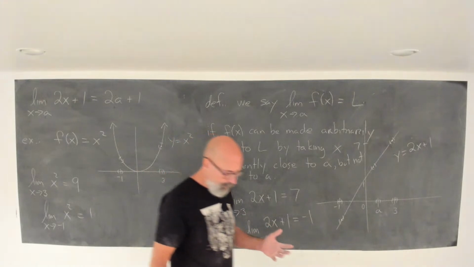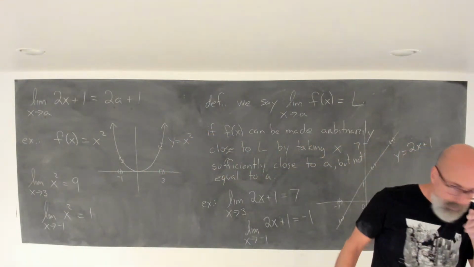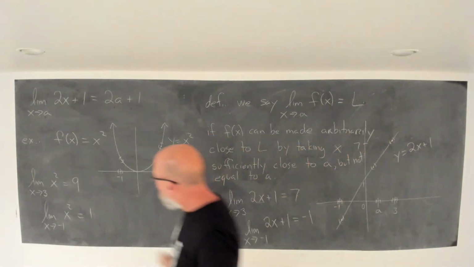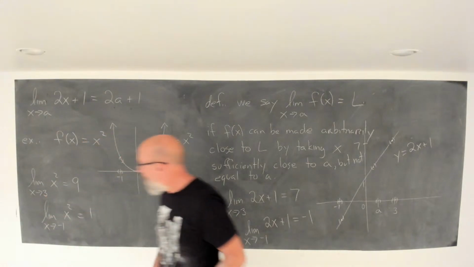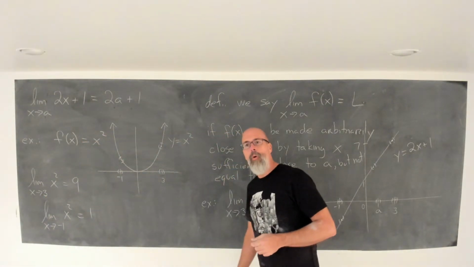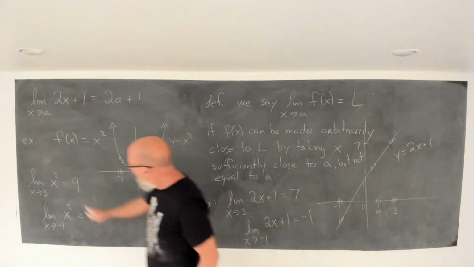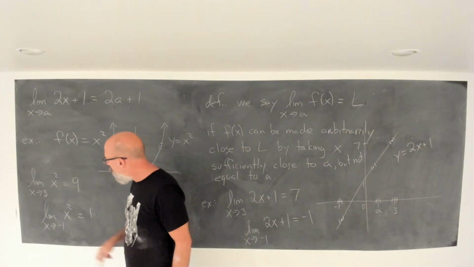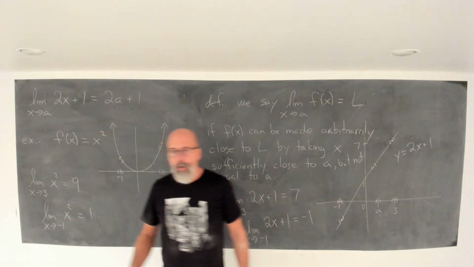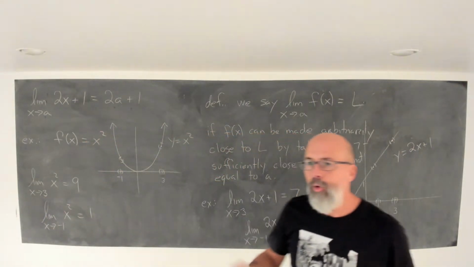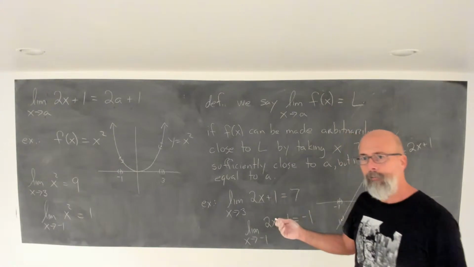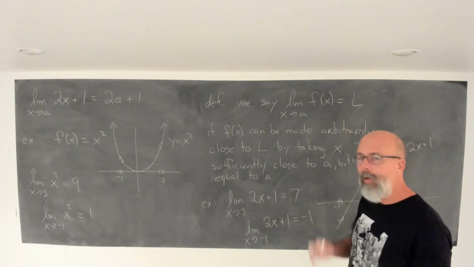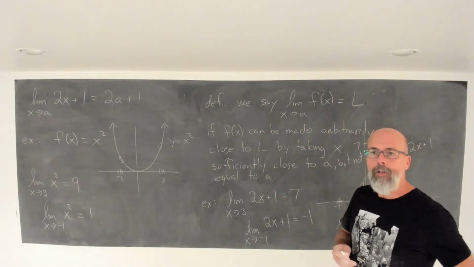If you're not convinced, take your calculator. Take a number close to 3, 3.01, and square it. See what happens. You're going to get a value very close to 9. Take a number close to 3 but less than 3, 2.998. Square it.